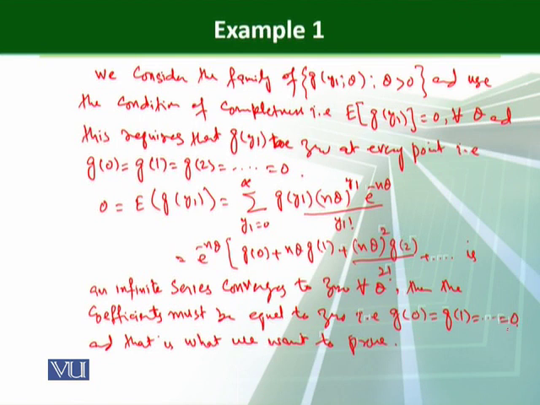So we have shown that g of y1 is equal to 0 for all y, and it means that this is also a complete statistic.